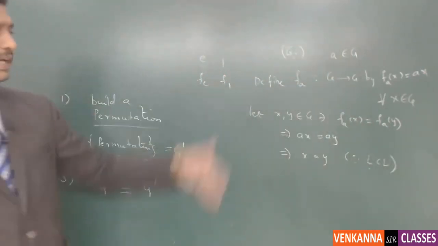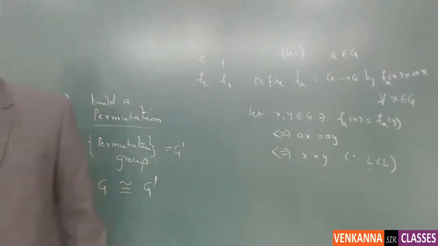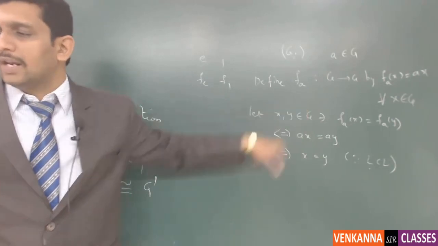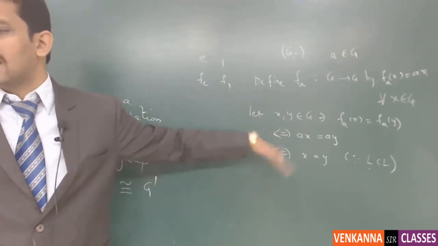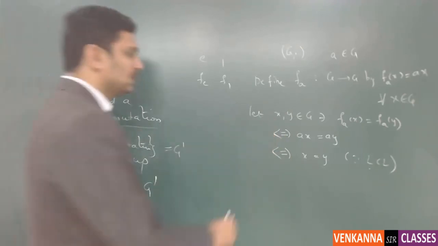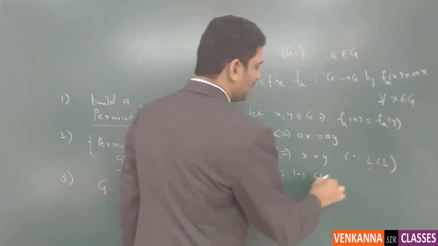So this you can take as if and only if. Whenever images are equal, corresponding elements are equal and vice versa. So at this point you can say that the function f_a is 1-1 and well defined.